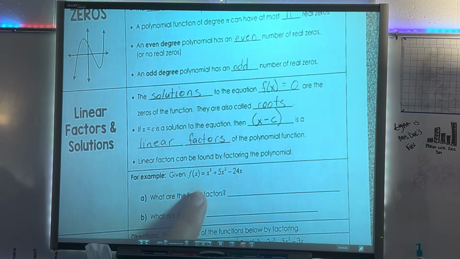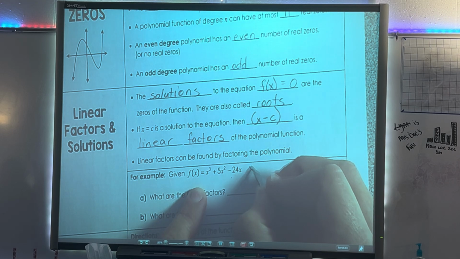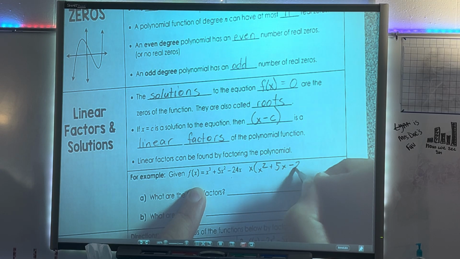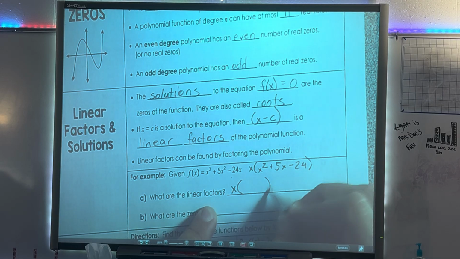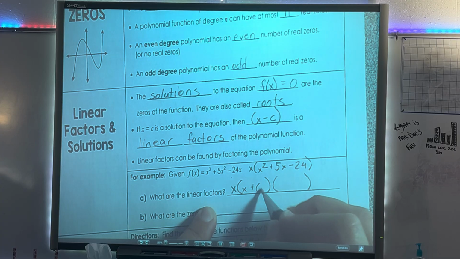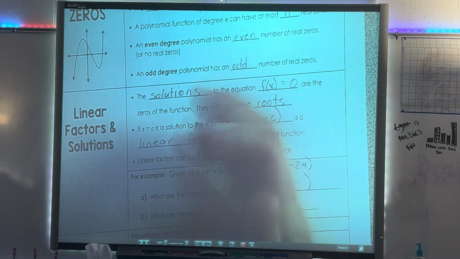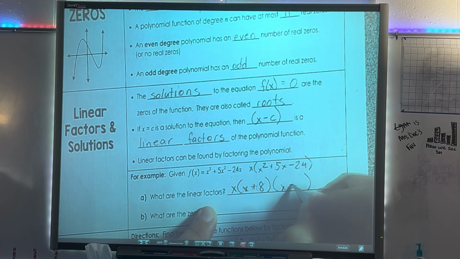So here, if we were looking at what are the linear factors, first thing we've got to do is take out your x, which leaves you with x squared plus 5x minus 24. And then when we factor that the rest of the way, it looks like we would have x plus 8 and x minus 3.